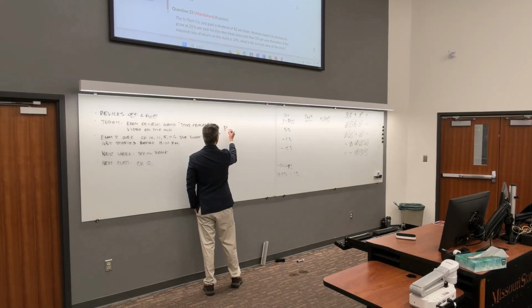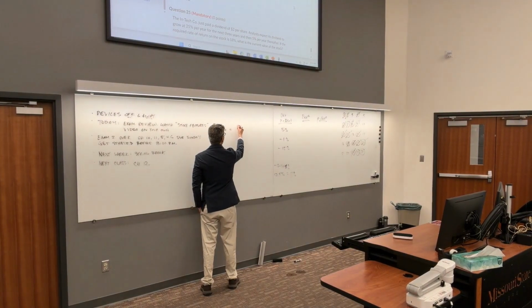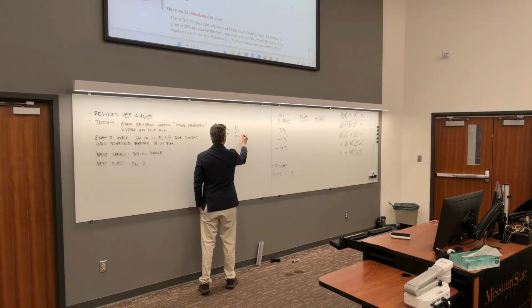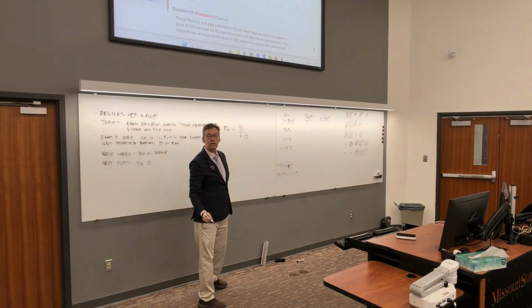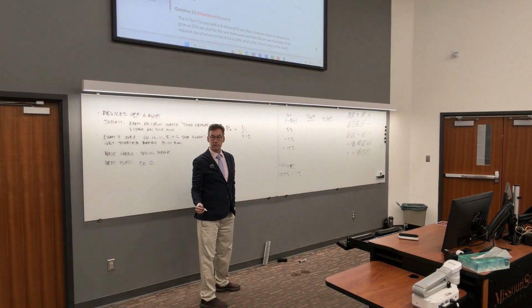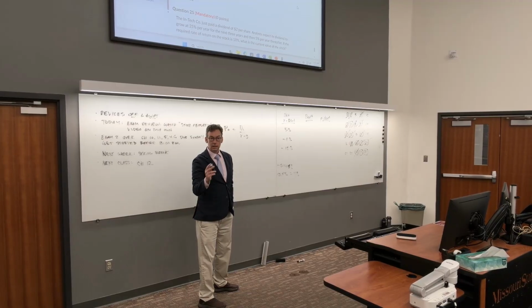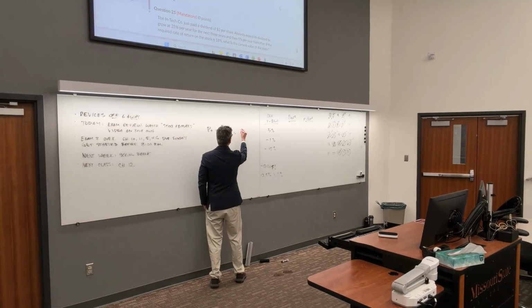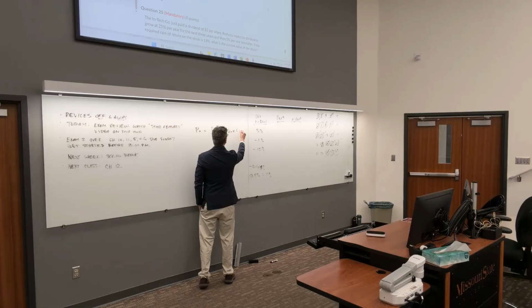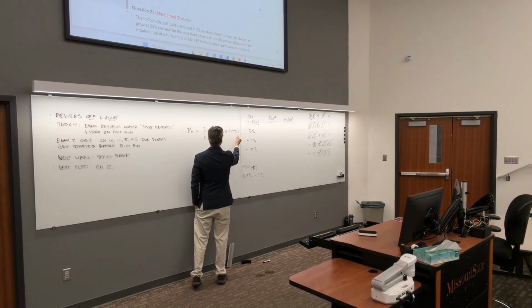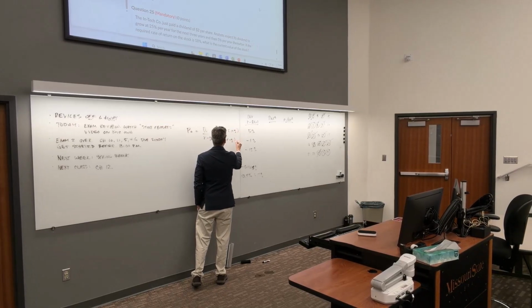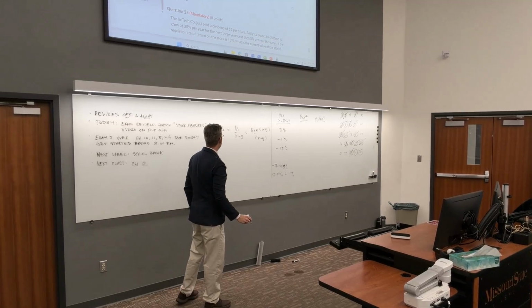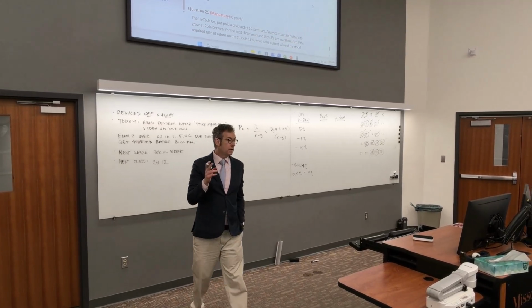So if we're going to find P0, we need D1 over R minus G, but we do not have D1. What can we substitute in its place? Go ahead. D0 times? Yeah. So we're going to say D0 times 1 plus G, divided by R minus G. Okay, now this is where it gets funky.